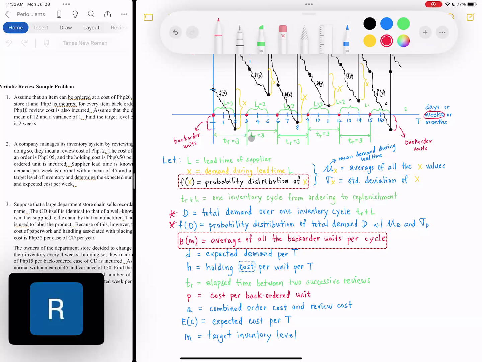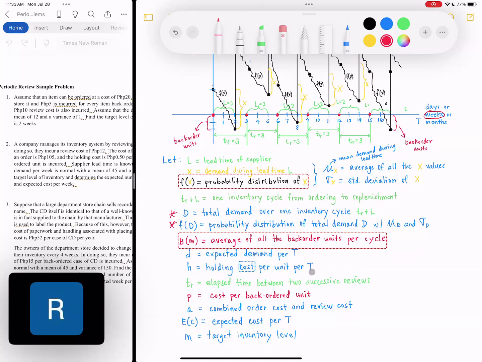If the holding cost is given in terms of, let's say, holding cost per unit per year, for example, then you just divide the given holding cost by 52 weeks in 1 year to get the holding cost per unit per week.